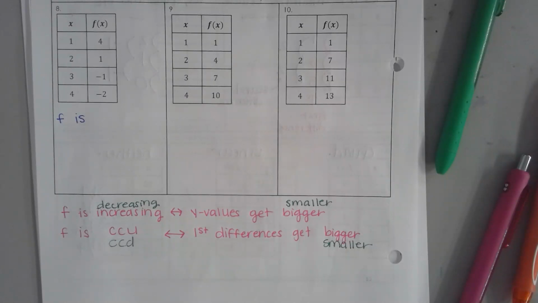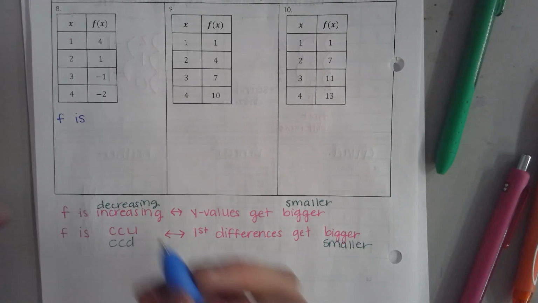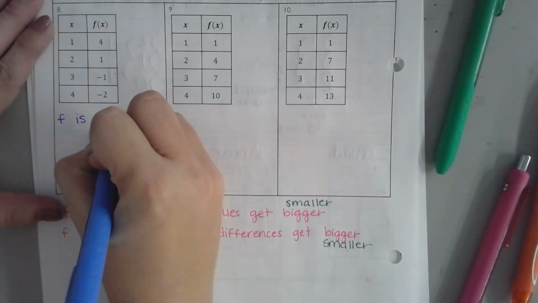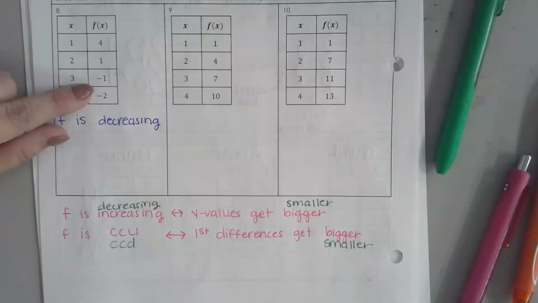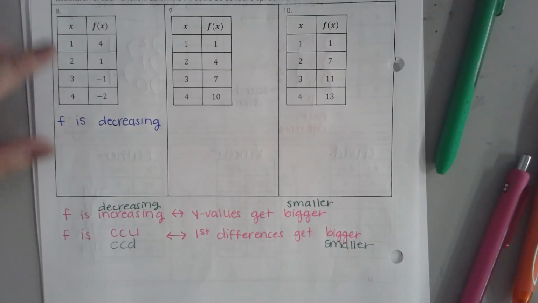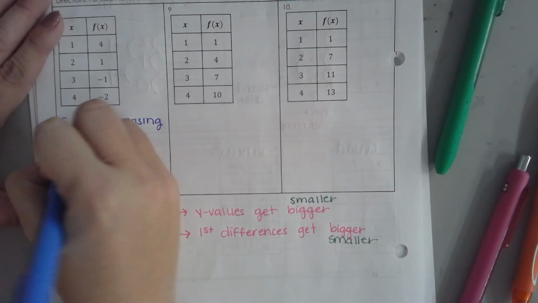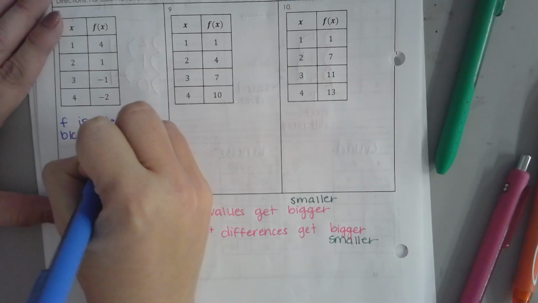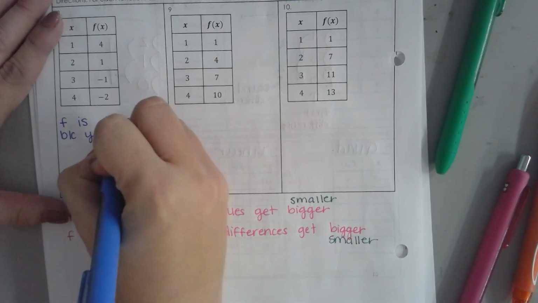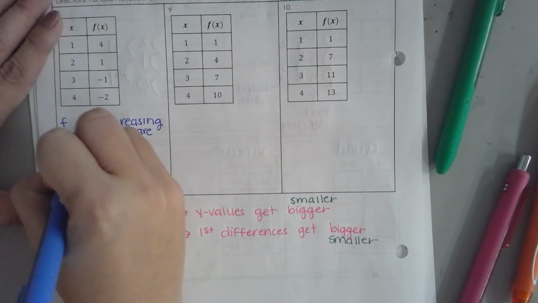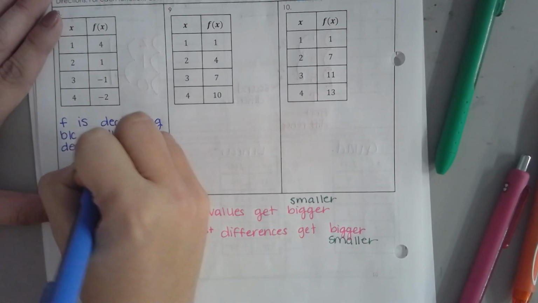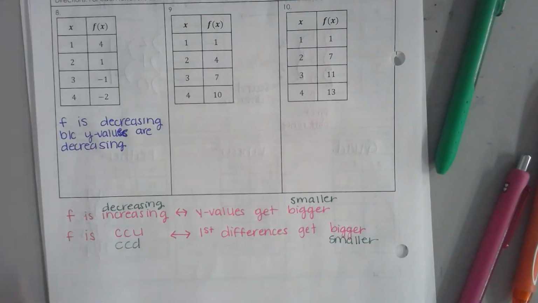Why? It's decreasing because the Y values themselves are getting smaller. So F itself is decreasing because the Y values are getting smaller.